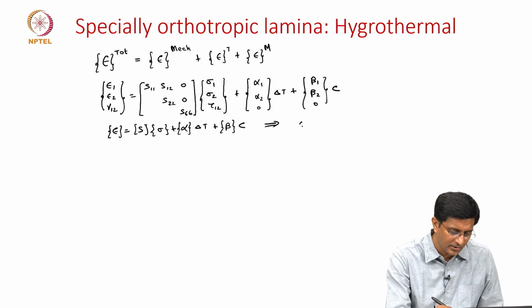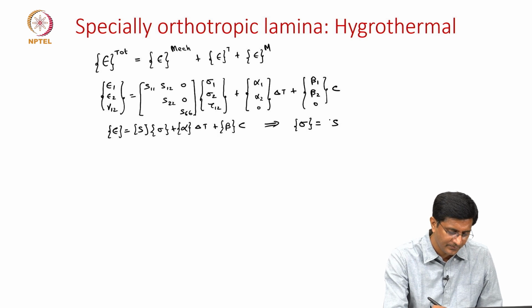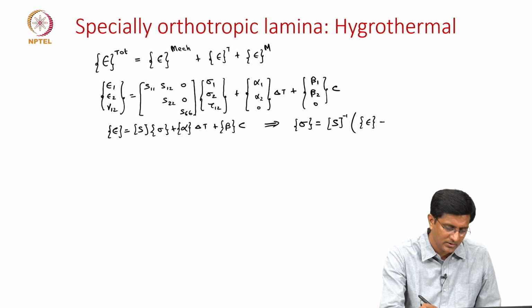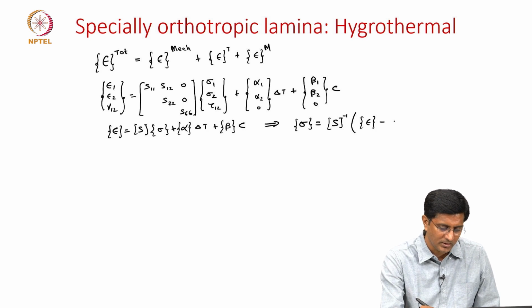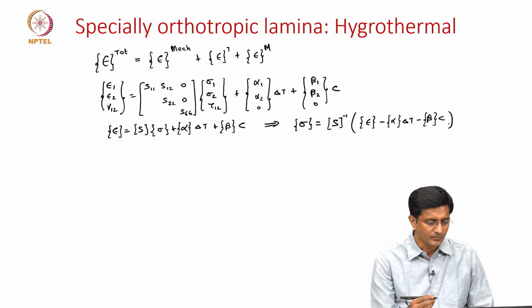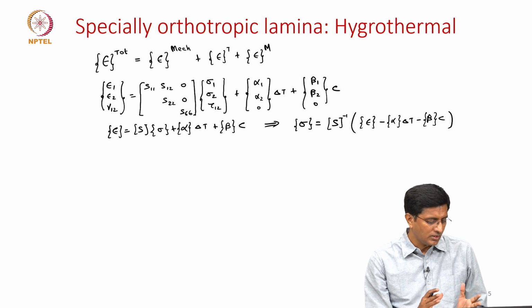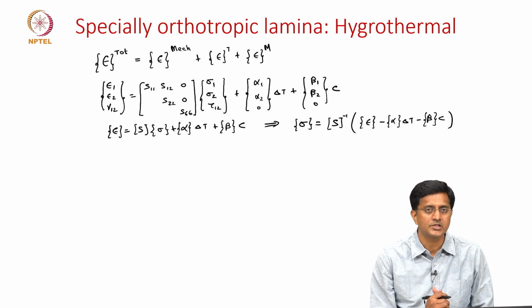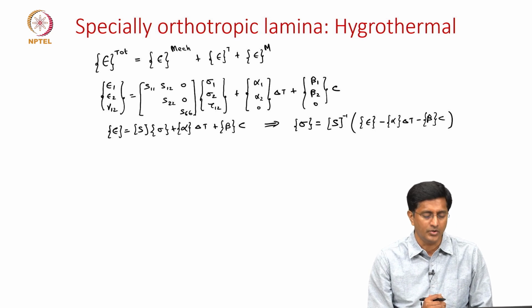So for me to write the stresses, I should write it as S inverse times strain, total strain minus alpha delta T and beta C. Okay. So this should give the stress strain relations or the strain stress relations for specially orthotropic lamina under hygrothermal loadings.